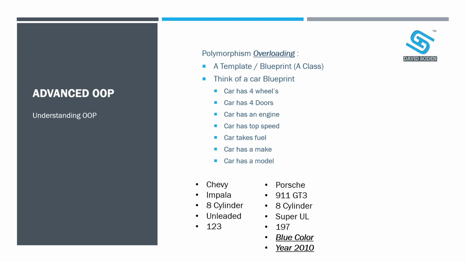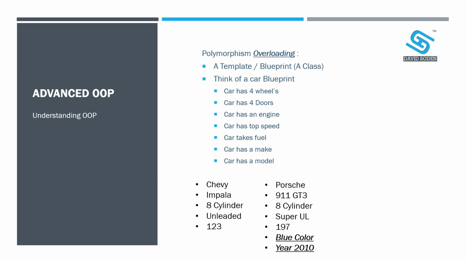So what did we do here? We took the base template, right? And the car, we haven't changed it. We didn't override anything that was there. What we did is we overloaded it, which means we've added additional attributes or properties to the template. And so, at this point, now I've overloaded it, and I could create a template for Porsches.